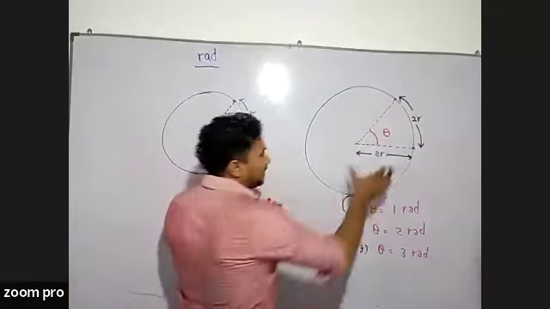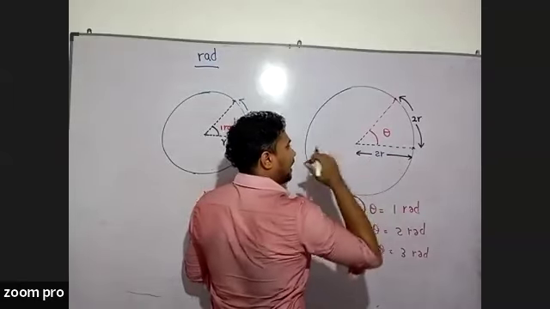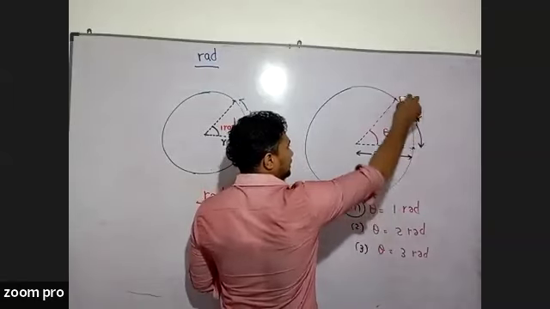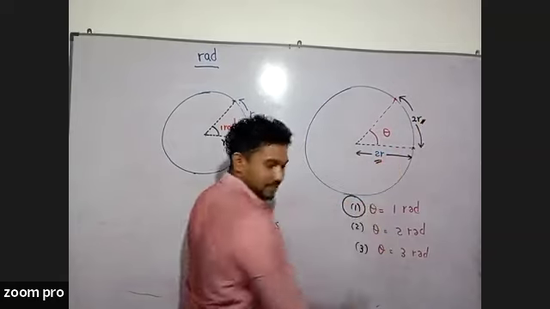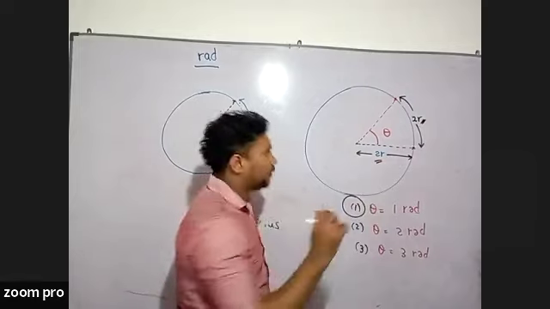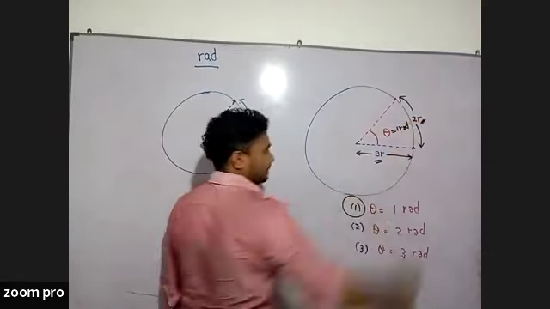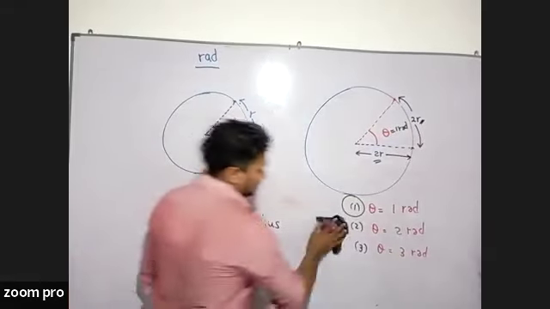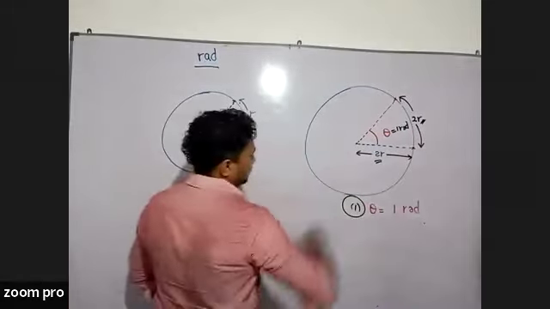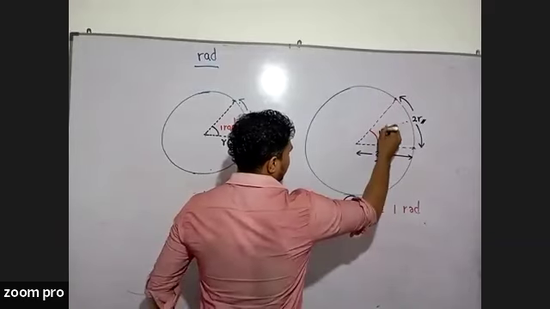Even if we consider a circle with radius 2r and the length of this arc is 2r, this is similar to the radius, isn't it? So therefore this angle is also equal to 1 radian. Clear? This angle is also equal to 1 radian.